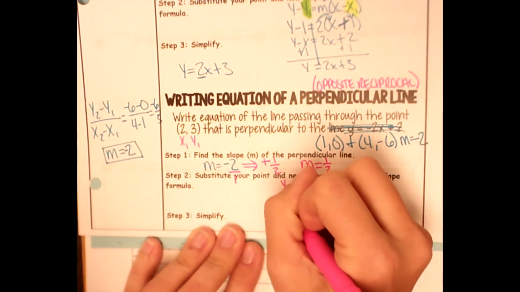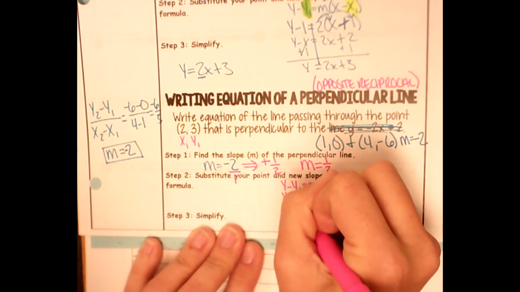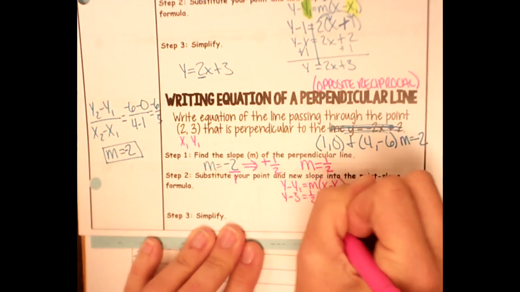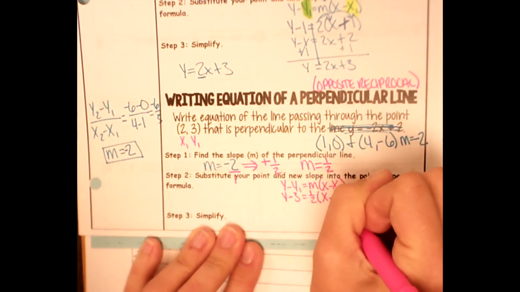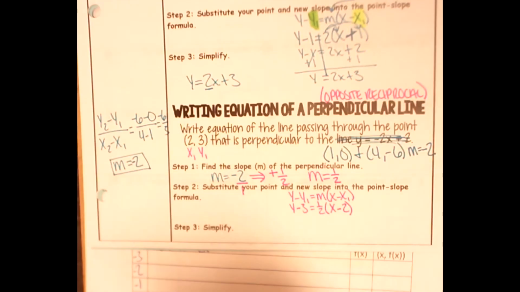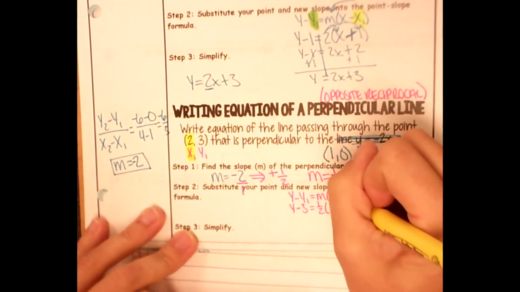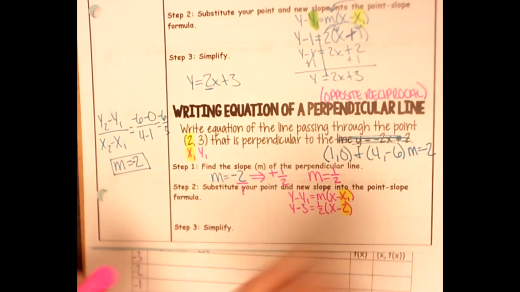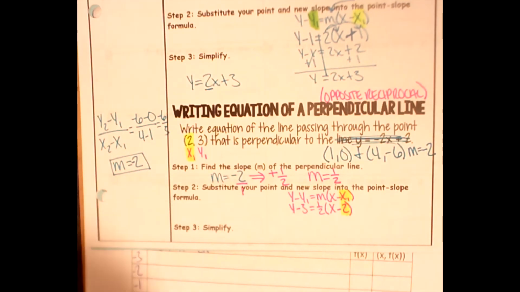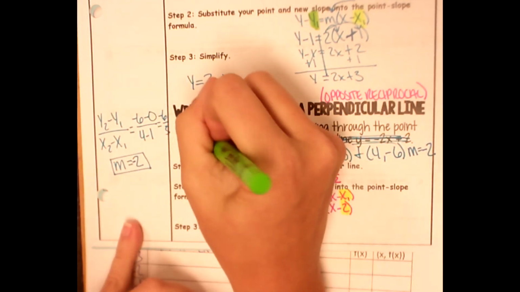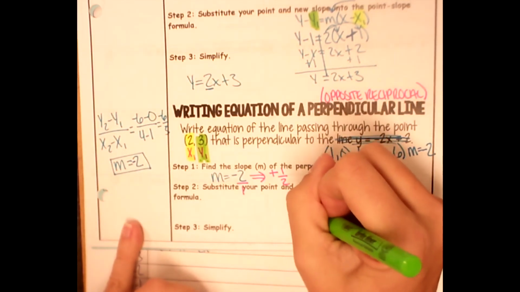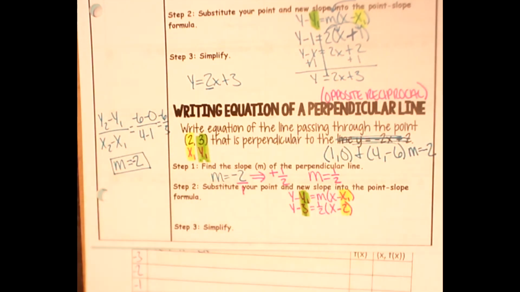We substitute in y minus 3 is equal to 1/2 times x minus 2. X1 is right there. I substituted it in right there. And then the y1 goes right here. That's what got substituted in.